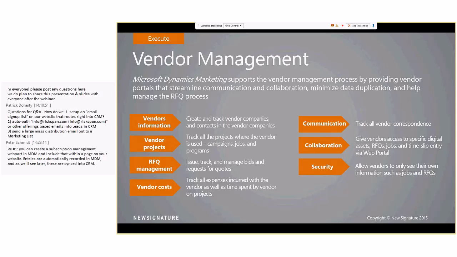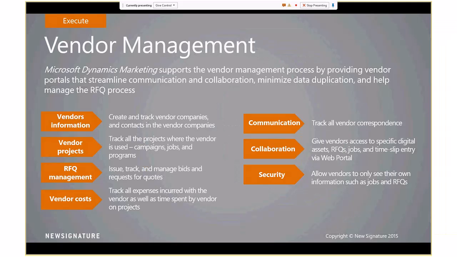Also under execution, we have a little bit of vendor management, which is handy if you do have quite a few vendors. If you have printing vendors, trade show production vendors, any kind of video or TV advertising vendors that are creating any kind of collateral for you.